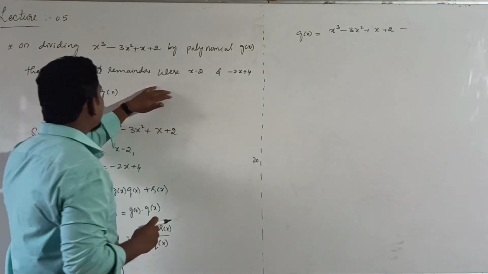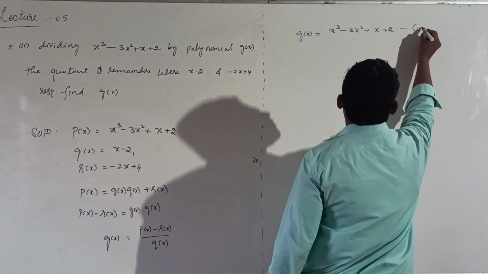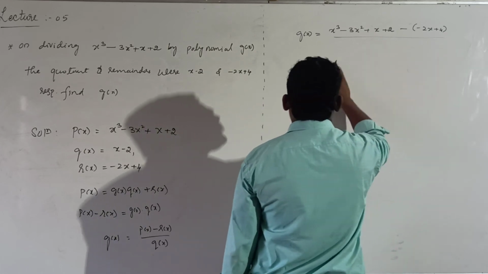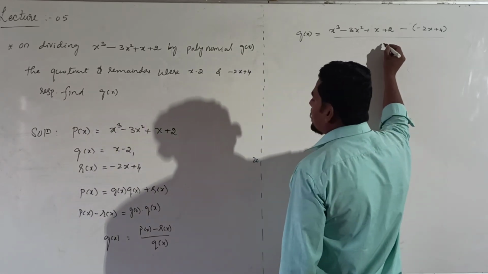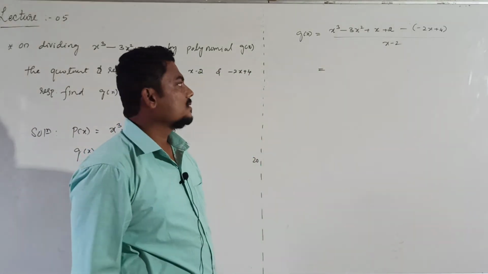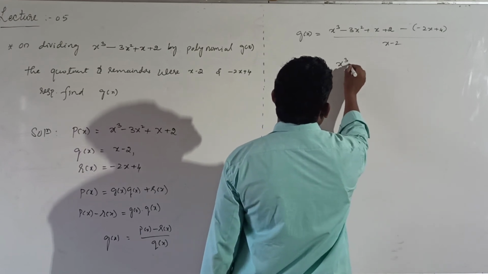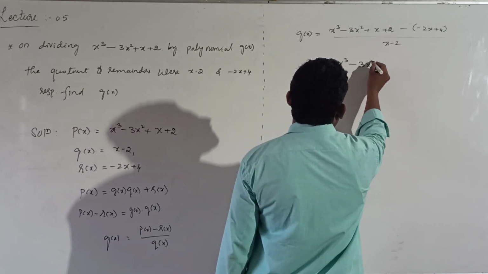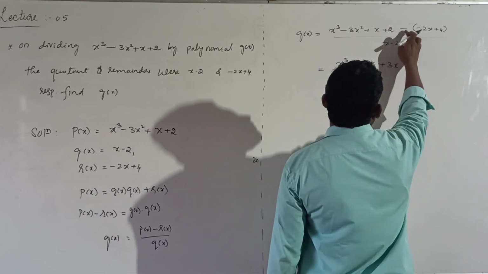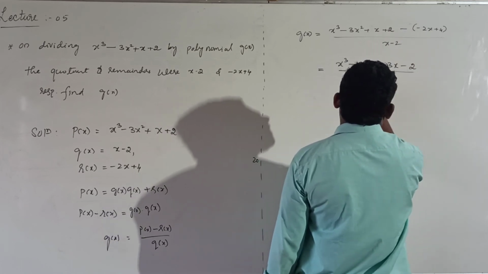The remainder is minus 2x plus 4. So minus of minus 2x plus 4, whole thing divided by q of x. What is the quotient? That is x minus 2. Just rewrite it: x cube minus 3x square, here minus of minus is plus, so plus 3x, minus 4 plus 2 will be minus 2, divided by x minus 2.